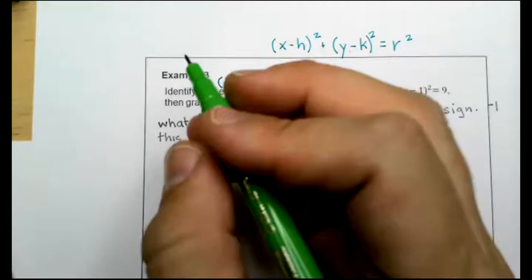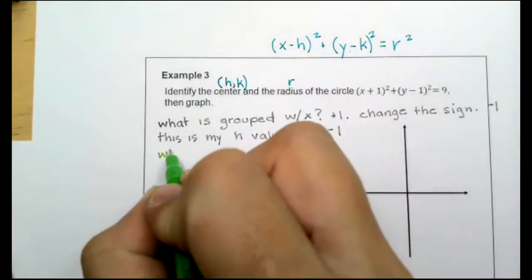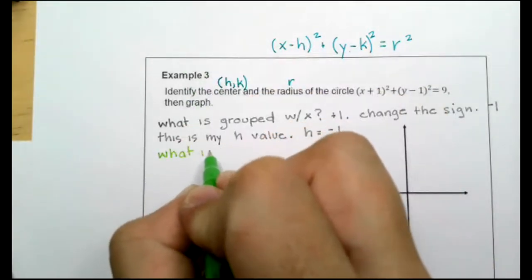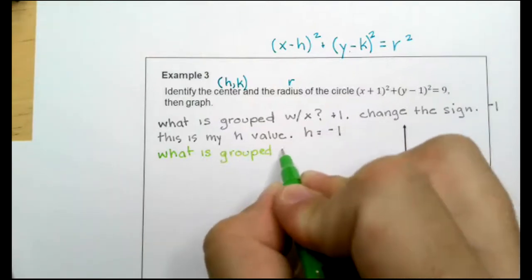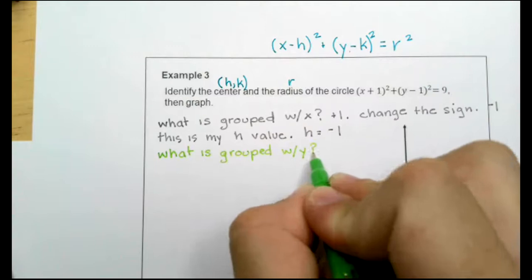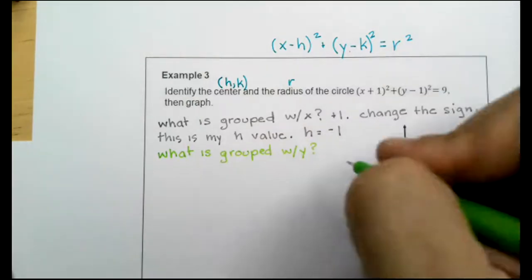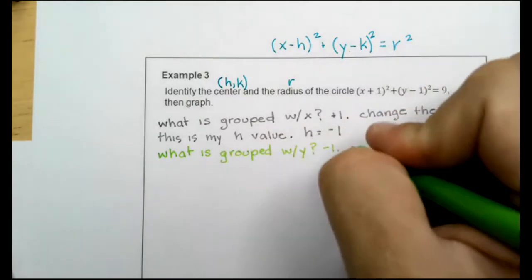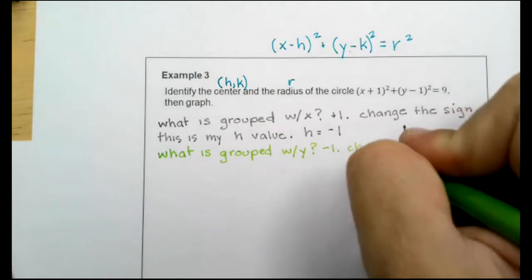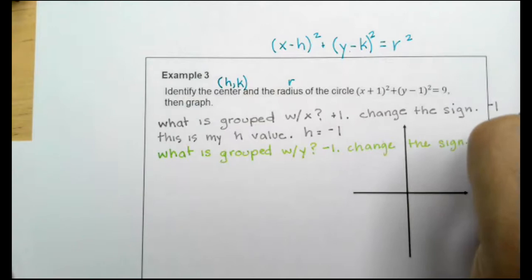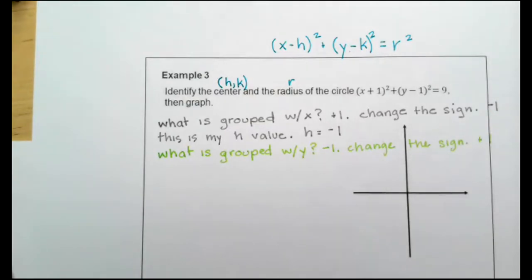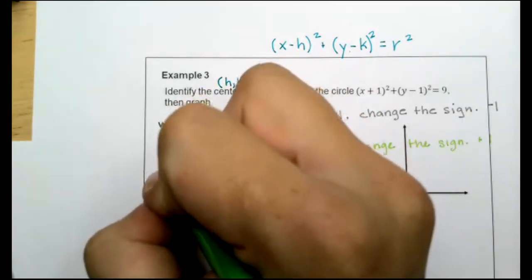Okay. Now to find k, what is grouped with y? A negative 1. Change the sign. So you get a positive 1. This is your k value.